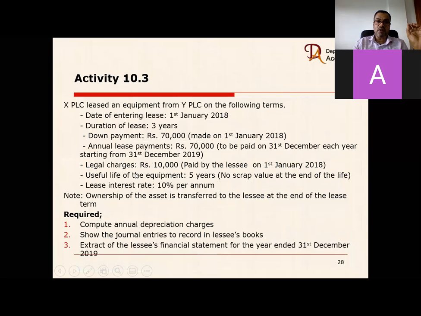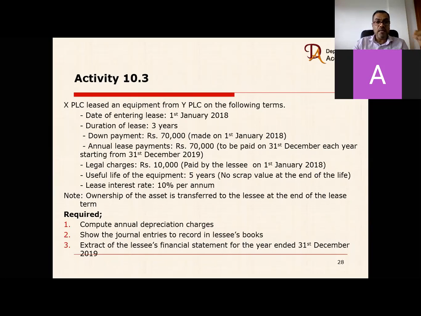We go back to this question again. Ownership: useful life is 5 years, duration 3 years. What I just asked you to look at is, if the lease term is equal to the useful life or greater than the useful life, you need not worry. For example, in this case, if the lease term is 5 years or 6 years, need not worry, follow the useful life rule.